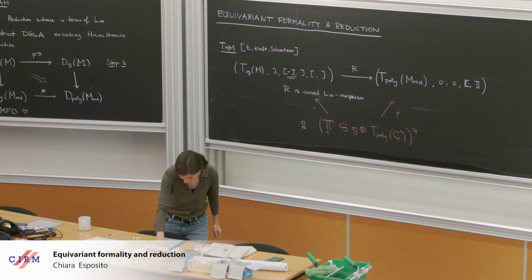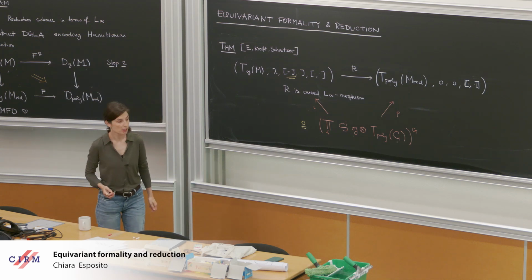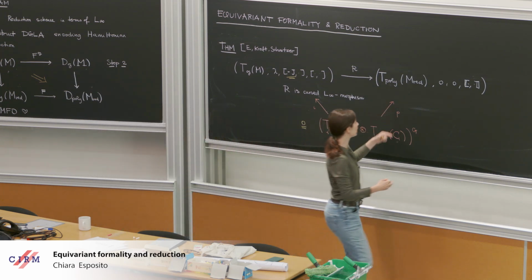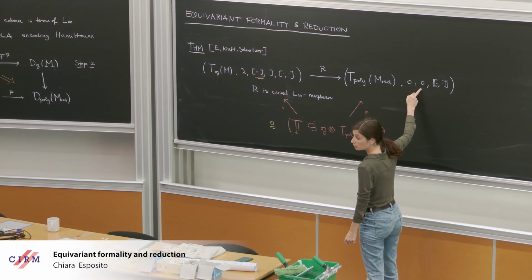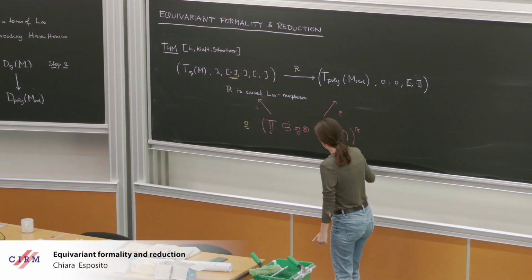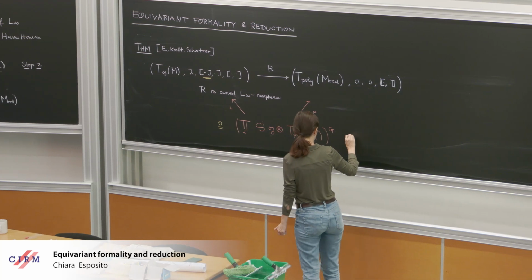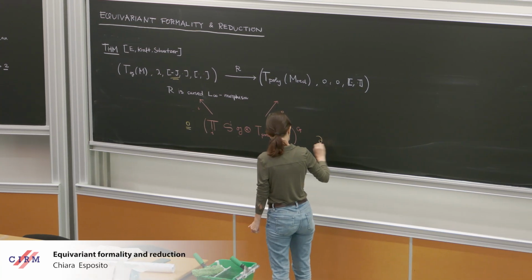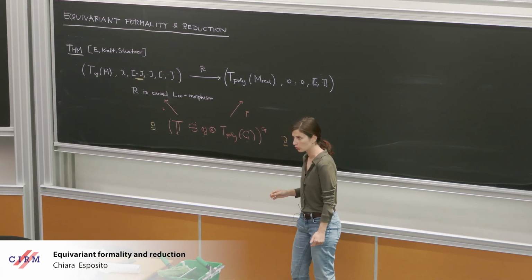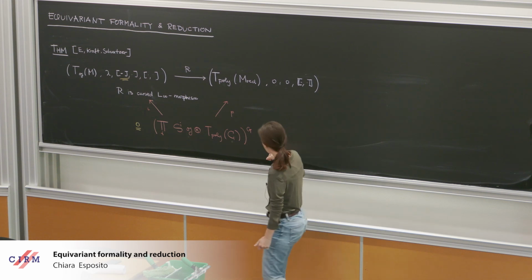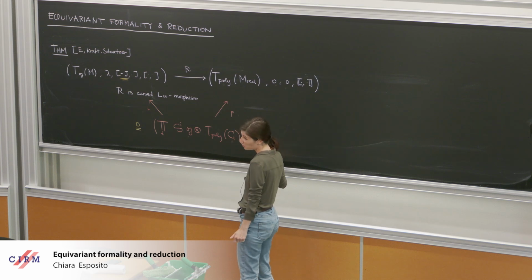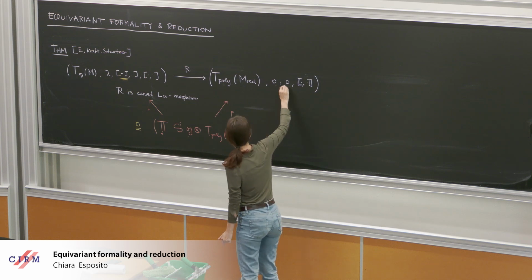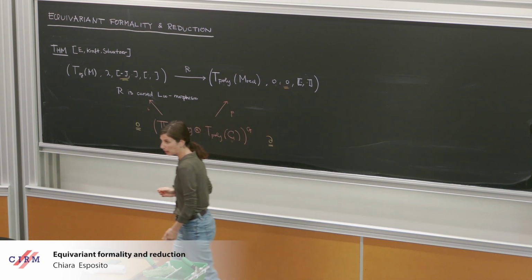Other side, it's not true anymore. So P is not a DGLA morphism connecting 0 and 0. What we can do is, there is a canonical differential you can actually construct over there, and P is a DGLA quasi-isomorphism with respect to this one. So this is problem number 1.